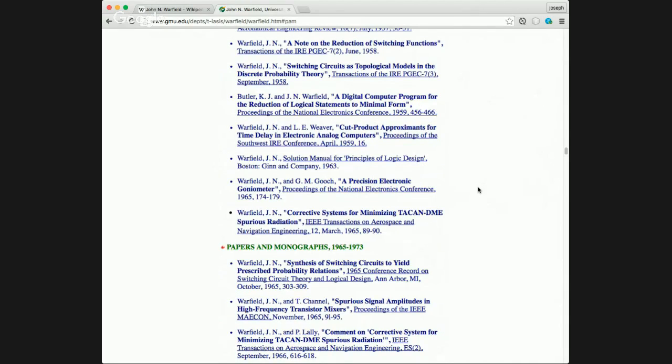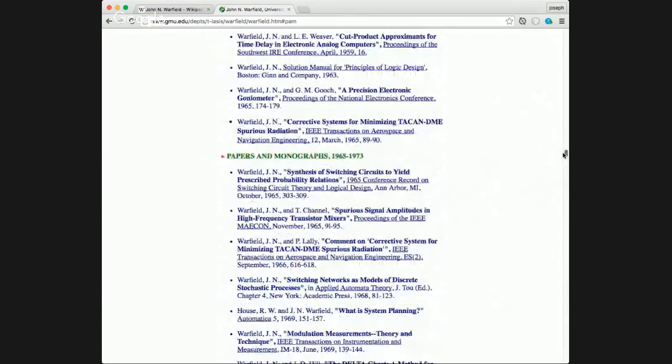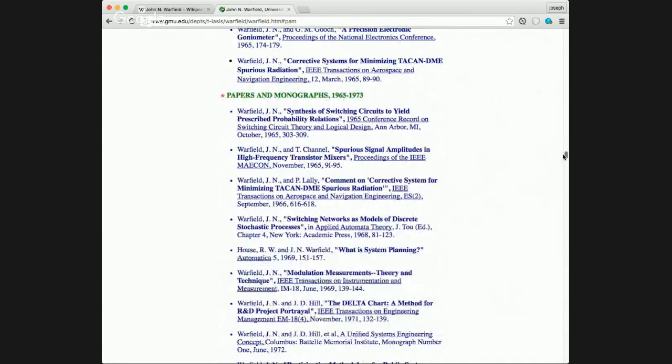Most of this type of analog work for computer circuits has gone to digital integrated chips. And so this is not well-known information anymore. And then as we look at 65 to 73, we can see that there's a lot of publications on transistor mixers and switching circuits and the synthesis of switching circuits, which is important, and we'll discuss why that's important as we go forward.